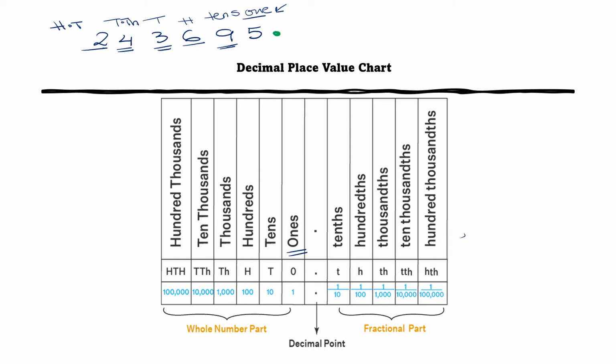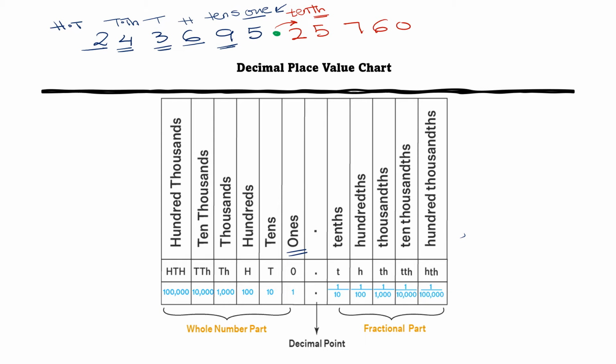Now, let's suppose I put a decimal after this number, and after the decimal I write some more values. So what do you read after the decimal? After the decimal, the first digit is known as tenths.